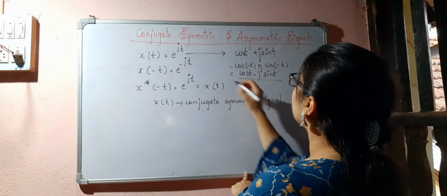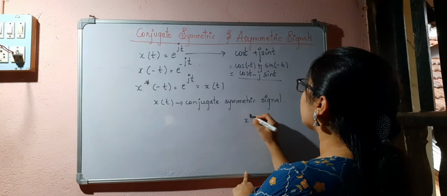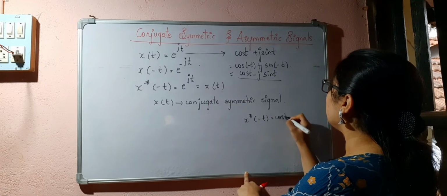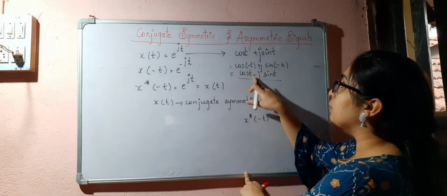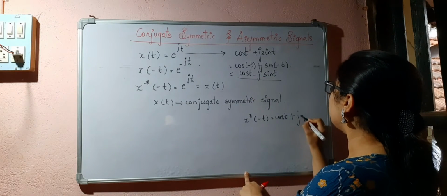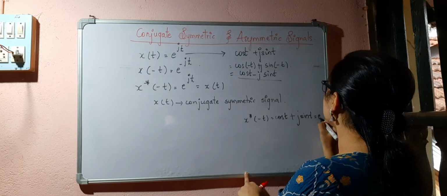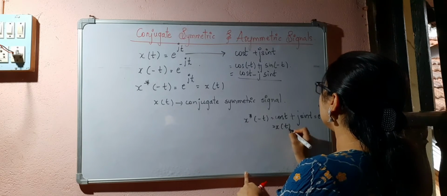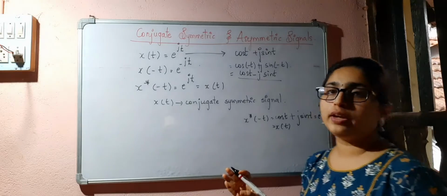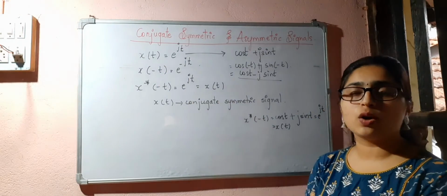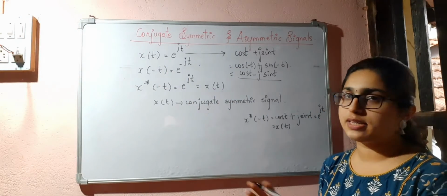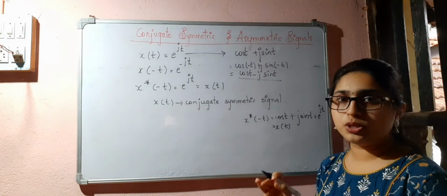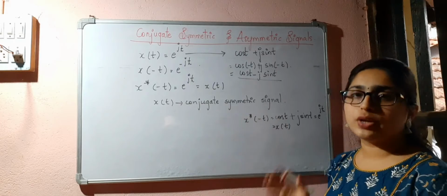Now if I take the conjugate of this, x conjugate of minus t, that becomes cos t plus j sin t. So this is nothing but e to the power of jt, that is equal to x of t. So this is another method of proving whether the x of t signal is a conjugate symmetric or conjugate asymmetric signal. From both the methods, I came to the conclusion that x of t is a conjugate symmetric signal.